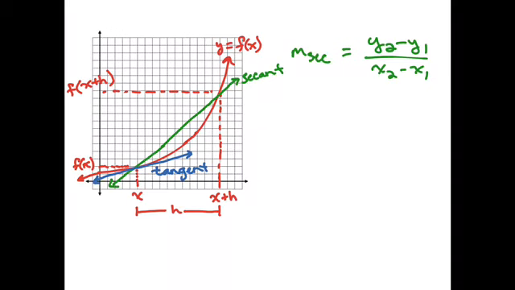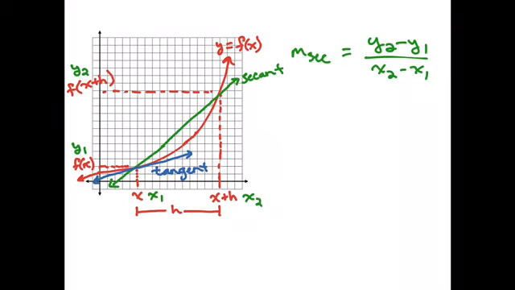I'm saying my first point, my x1 here, is just x. And my second x value is another point h away from my first one. Then my y1 is just the function evaluated at x. And my y2 is the function evaluated at x plus h.